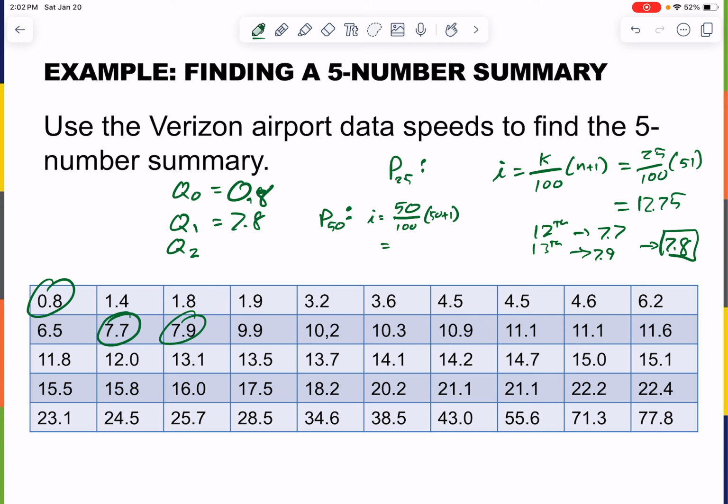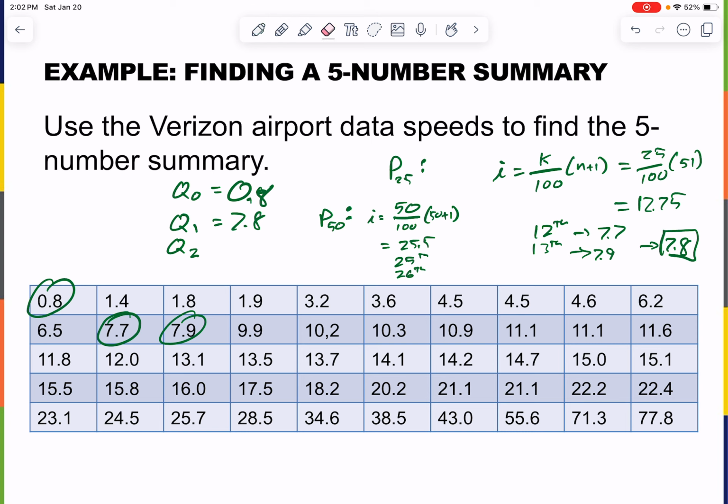And so that's going to give me one half of 51, which is going to be 25.5. Again, that's not an integer, so we're going to take the 25th value and the 26th value, and we're going to average those.